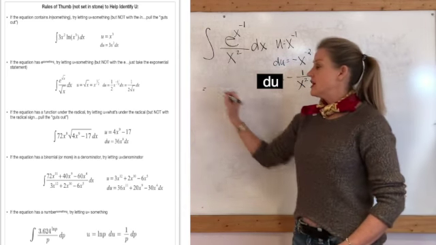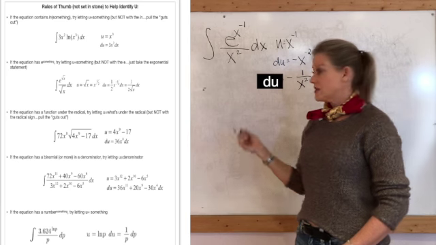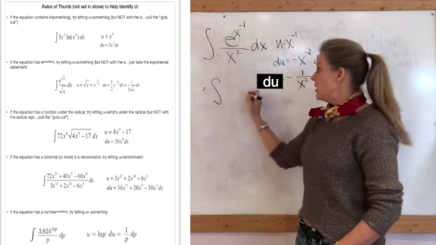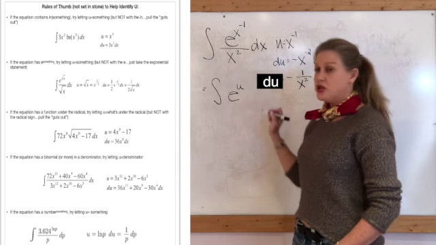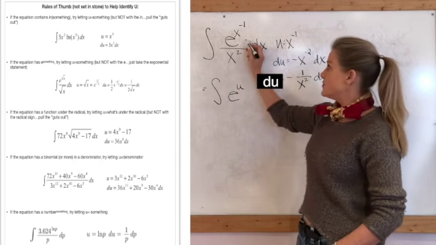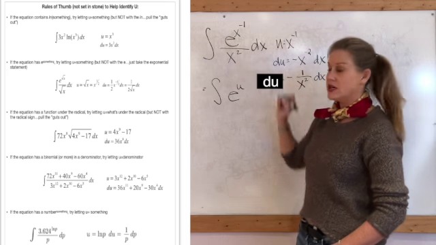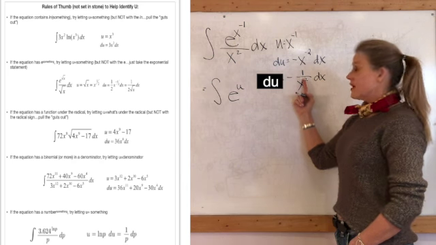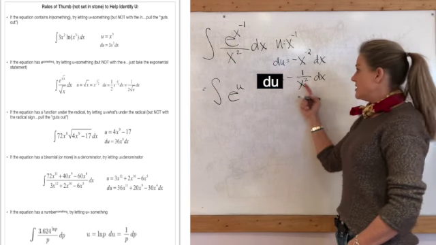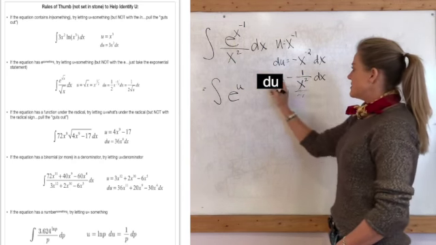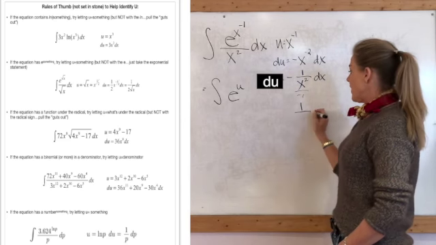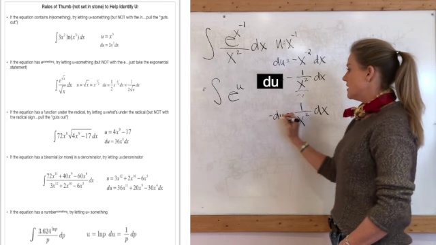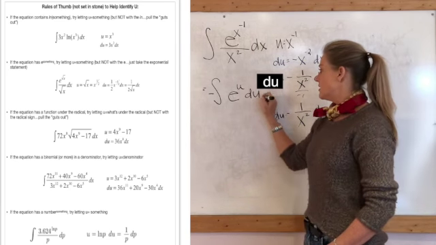So when I'm ready to come over here and do my third step in U-Substitution, this particular portion, the numerator, becomes e to the u, and what that leaves me is 1 over x squared dx to get substituted or translated. And over here I'm close, I have a negative 1 over x squared dx, so if I just divide both sides by negative 1, then that tells me that 1 over x squared dx is negative du.